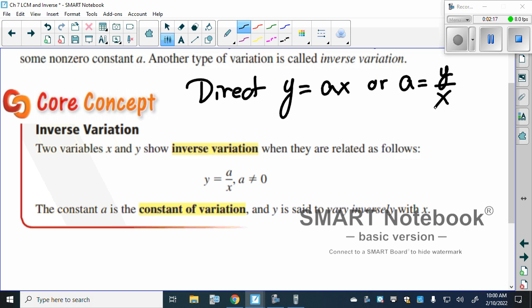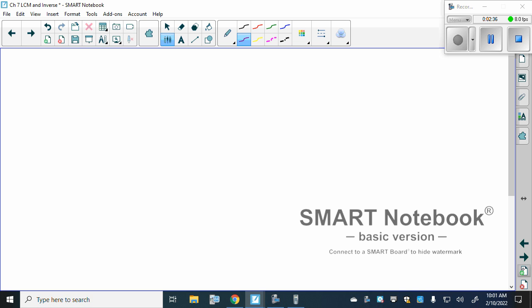But really, we can think of direct variation in one other way, and that would be a is equal to x over y. And it still works out the exact same, because we can say our general form y is equal to a times x.